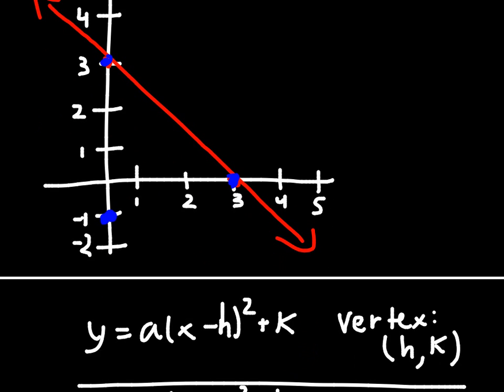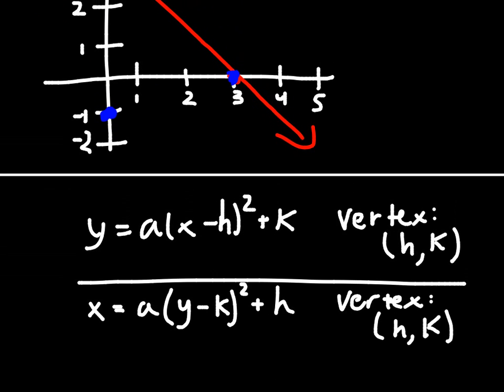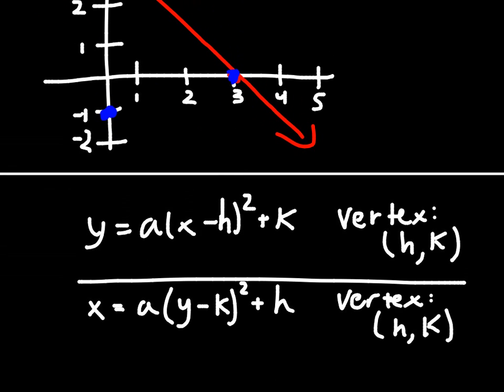Normally, we have y in the standard form, a times the quantity x minus h squared plus k, and the vertex is h, k. But we don't have a standard y equals parabola, we have an x equals parabola. So in order not to switch around the h and the k, leave h as the x coordinate of the vertex and k as the y coordinate of the vertex. Then in the equation, we have to switch the k and the h.